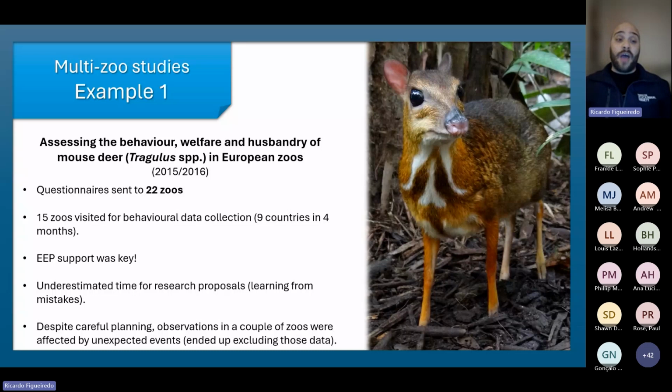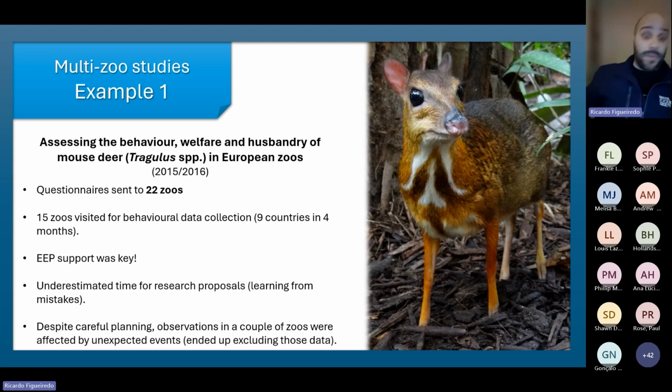And even though I had careful planning and communicated with the zoos, there were still some unexpected events. I gave it a few extra days for data collection in each of the zoos, but I still had to exclude a couple of zoos because when I got there, one of the animals had been isolated because of illness or transfer. Unexpected events, nothing that had been planned. It wasn't, of course, anyone's fault.